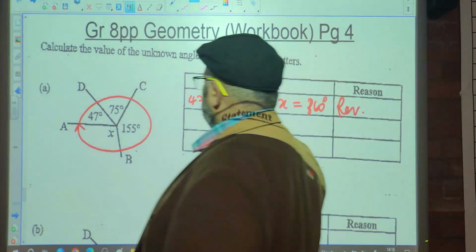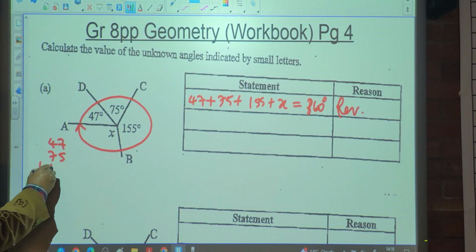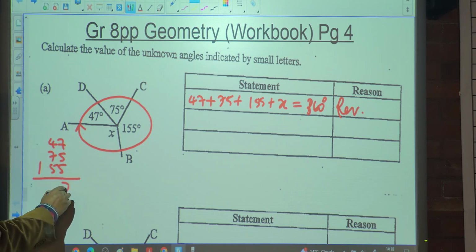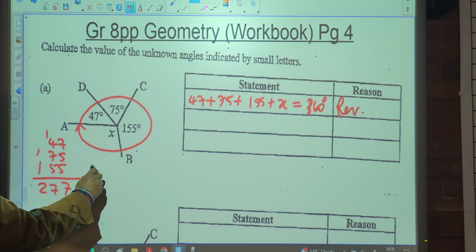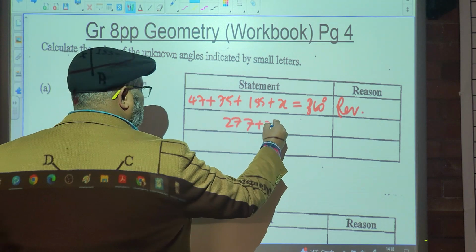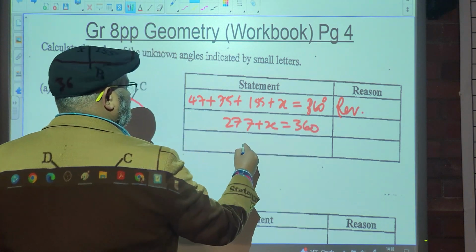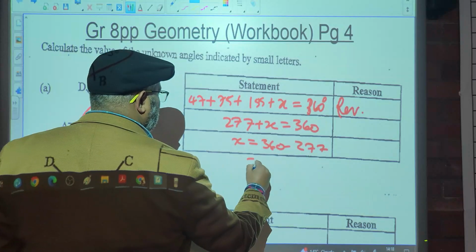Okay. So 47 plus 75 plus 155 is 277. Is that correct? Yes. So it's going to be 277 plus x equal to 360. So x equals 360 minus 277.